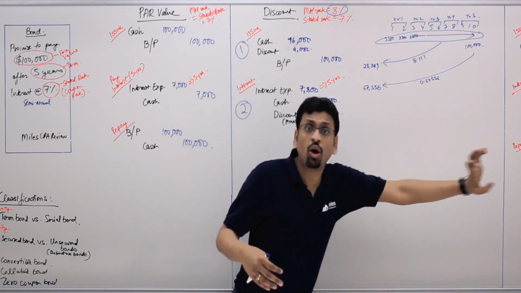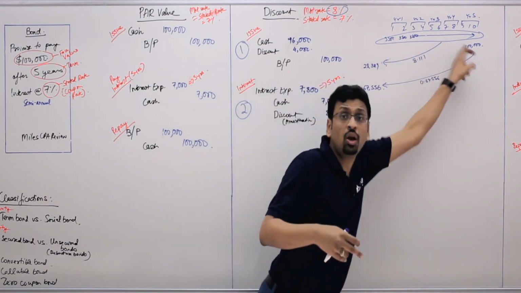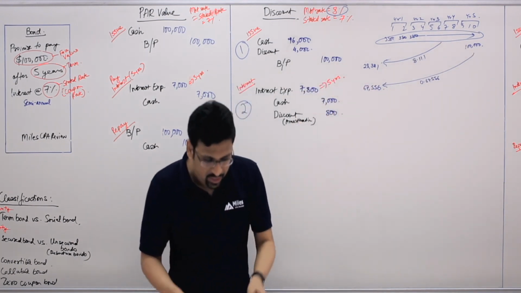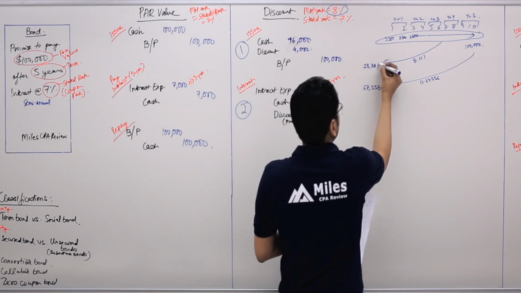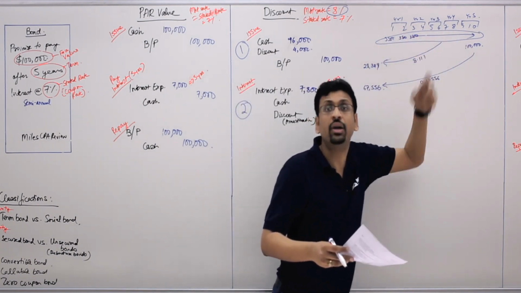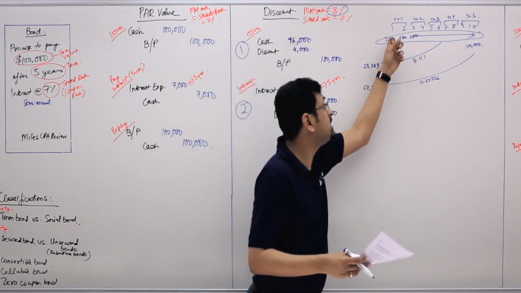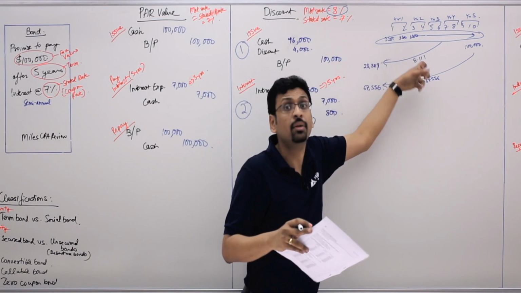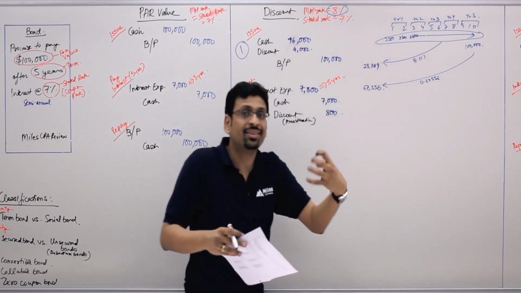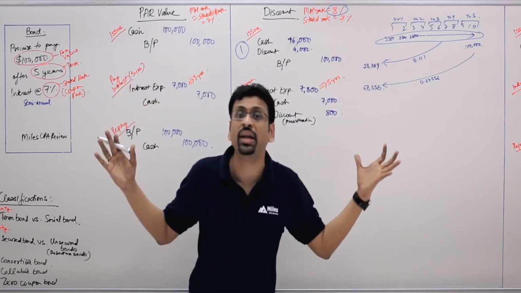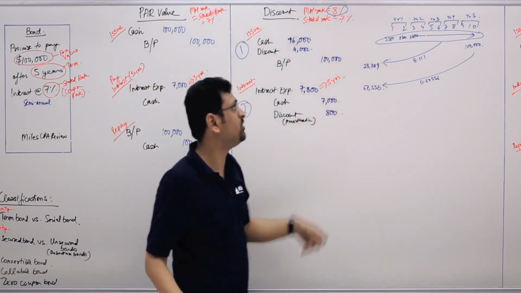The present value of that annuity of a total of $35,000 is only $28,389. Though this calculates to 3,500 over 10 periods, the present value is 3,500 into 8.111, not 3,500 into 10, because we are reducing it. I gave you the concept of time value of money: money grows with time. So this becomes 28,389.